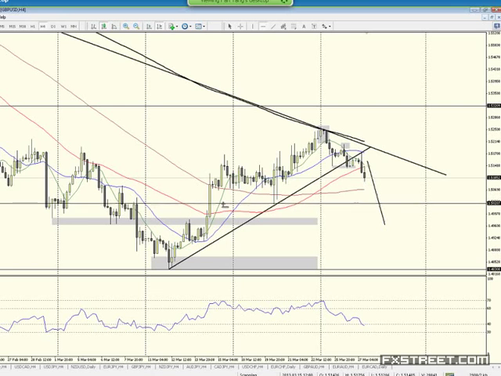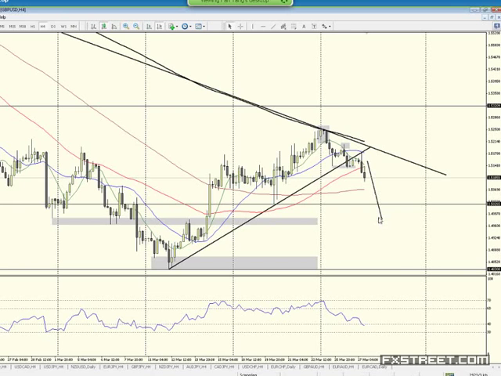I have to watch this pivot too. Can't be completely oblivious to this little pivot, because it was a strong move there. Gotta watch 1.5025, but really 1.50 down to these levels, 1.4980 area. That would be my first target.